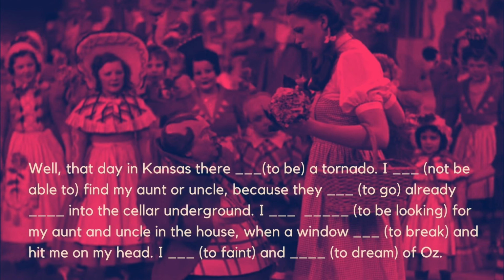I to be looking for my aunt and uncle in the house when a window to break and hit me on my head. I to faint and to dream of Oz. Did you get it?